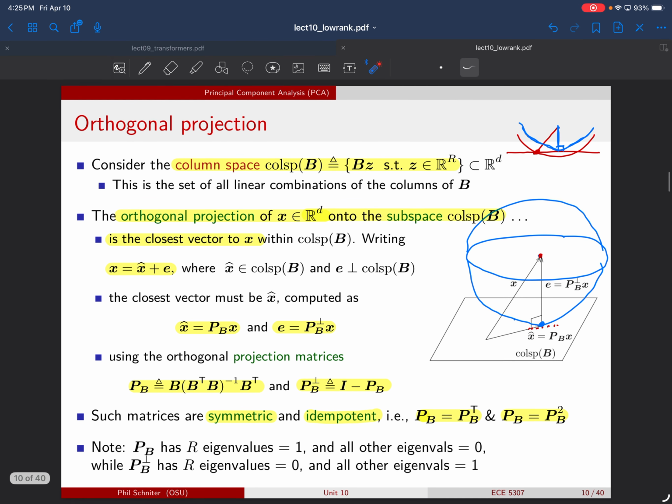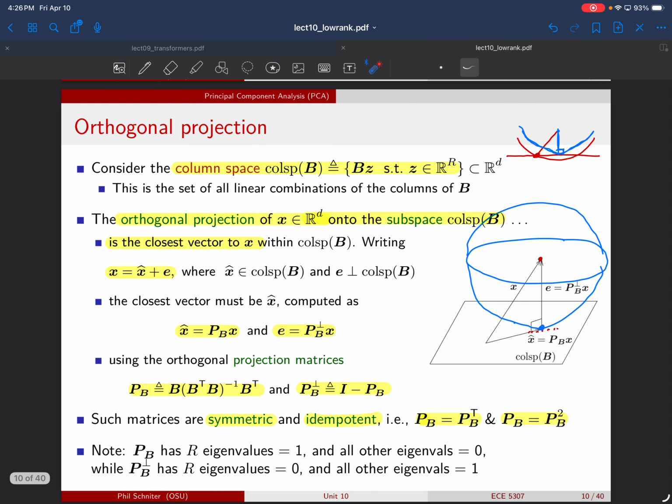And one other fact that we won't prove, but I find useful, is that when you look at the eigenvalues of PB, and remember, B has R columns, and we're assuming that all these columns are linearly independent.